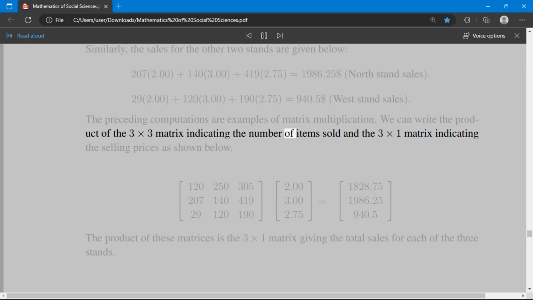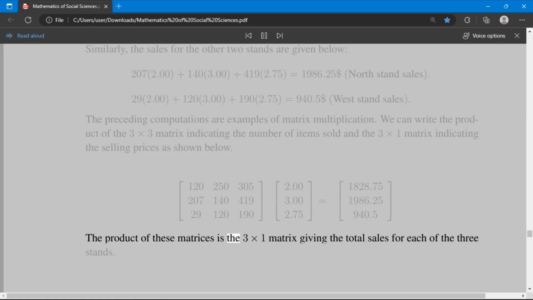We can write the product of the 3 times 3 matrix indicating the number of items sold and the 3 times 1 matrix indicating the selling prices as shown below. [120 250 305; 207 140 419; 29 120 190] times [2.00; 3.00; 2.75] equals [1,828.75; 1,986.25; 940.5].